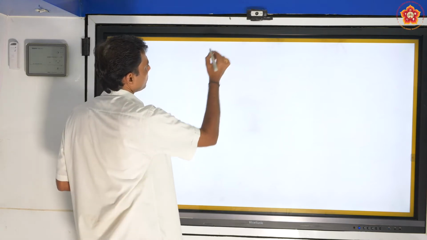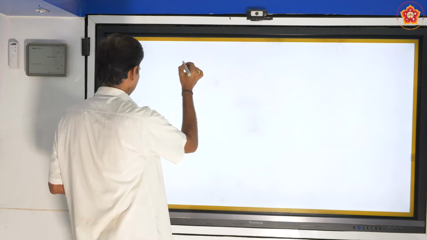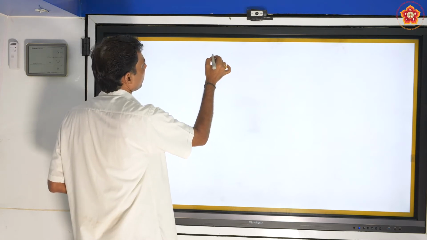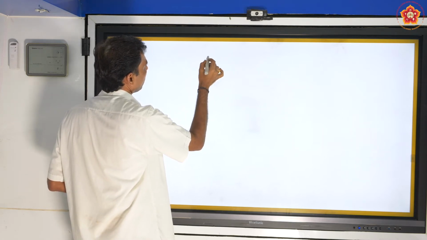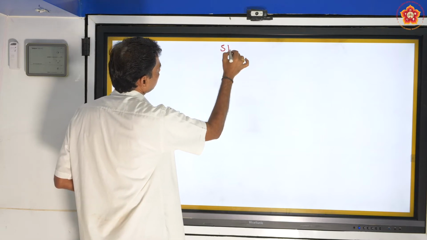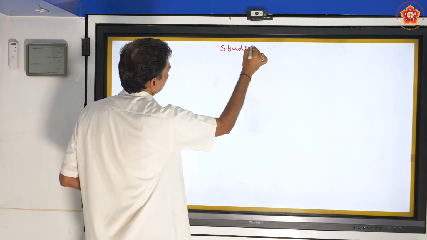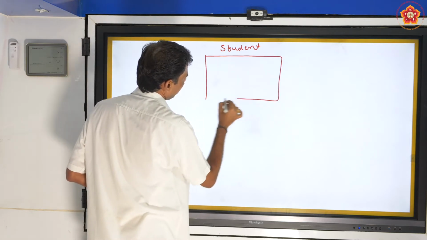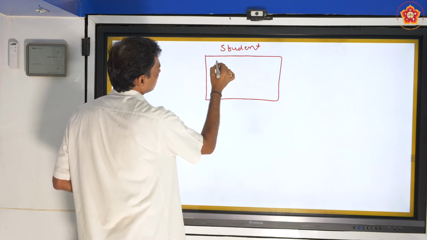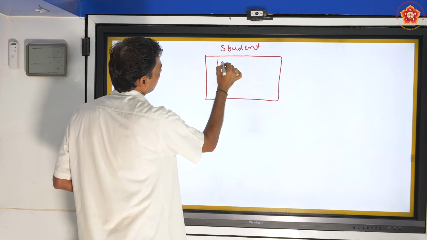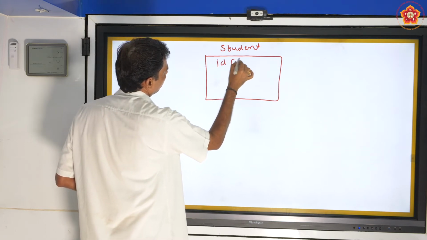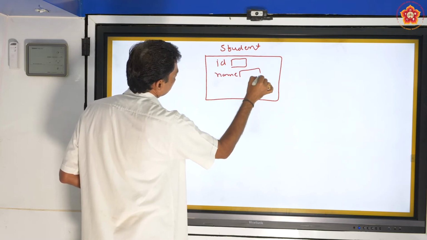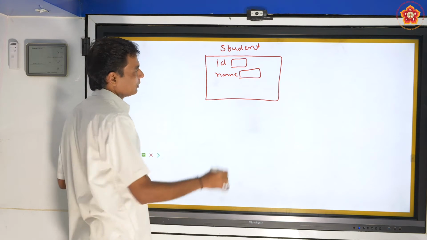For a student object, this is a student class. This is a student class which is having variables id and name, and functions.